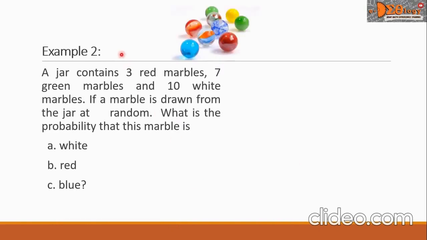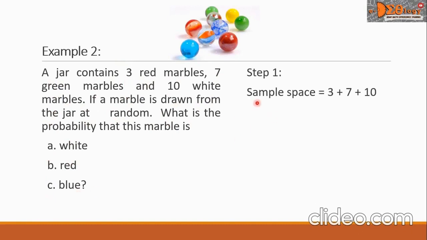Let us go to example 2. A jar contains 3 red marbles, 7 green marbles, and 10 white marbles. If a marble is drawn from the jar at random, what is the probability that this marble is letter A, white, letter B, red, letter C, blue?